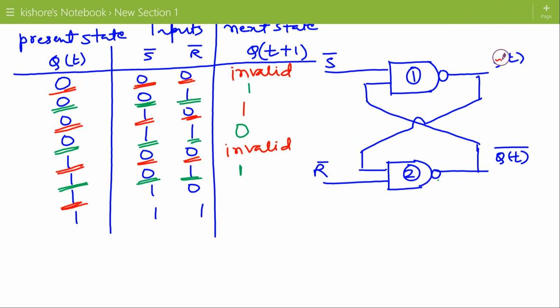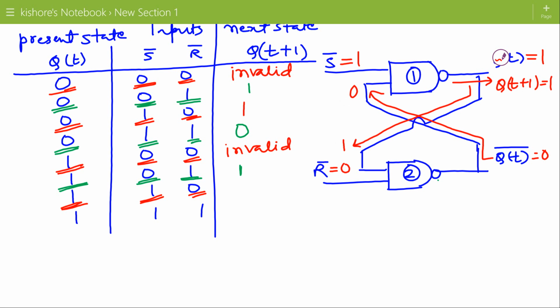Now present state is 1, QT is 1, QT bar is 0, S bar is 1, R bar is 0. QT bar is the feedback input for the first NAND gate, so the output is 1, and this QT plus 1 is the feedback input for the second NAND gate.